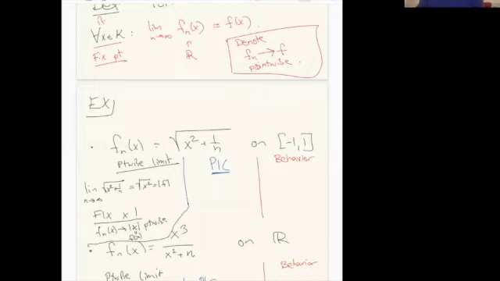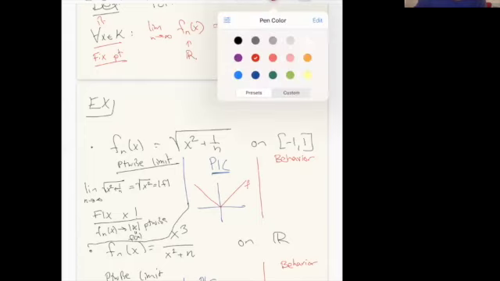Okay, well, what does it look like? These are square roots of x squared plus 1 over n. They are just a little bit above the x-axis when n is very big. And they limit to this absolute value function. So this is f. And let's draw the other ones in a different color.